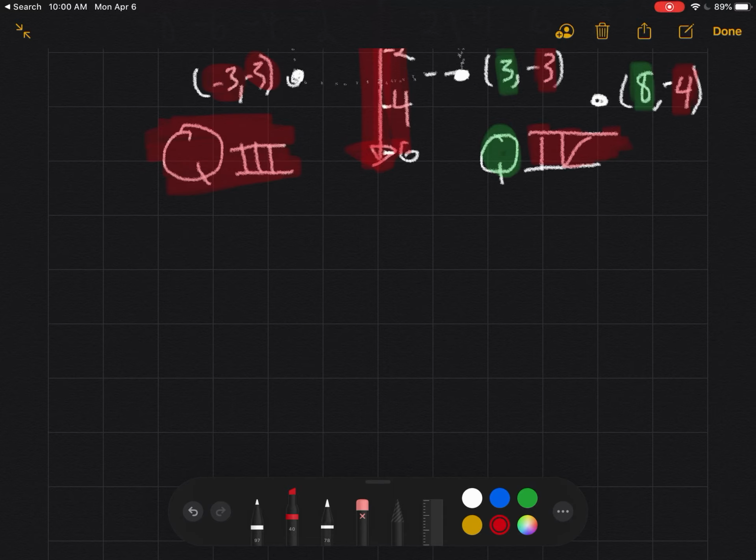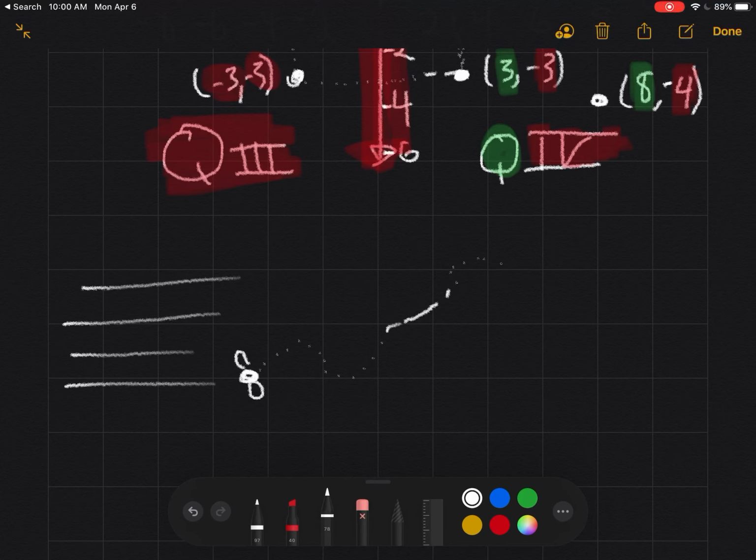A cute story about the Cartesian plane that I want to tell you guys is that Rene Descartes, who was one of the people who first codified this and wrote it down, there's a story that says that he was watching a fly, a little fly, crawl across his ceiling. And his ceiling had a lot of lines in it, cracks.